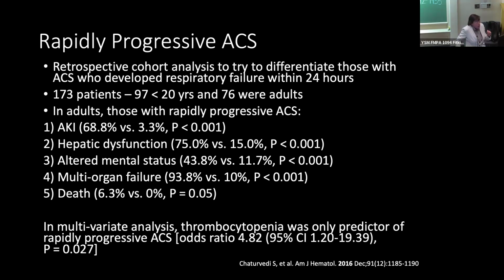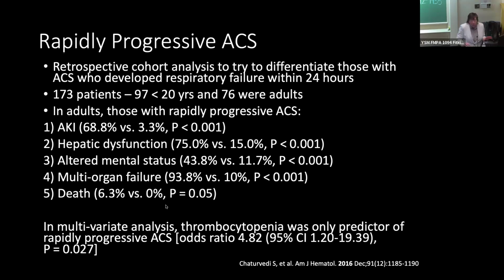And it is because they're relatively young people, a 22-year-old like this patient. This is a retrospective study that included both adult and pediatric patients, and looked back at those who had rapidly progressive ACS. Basically these patients have multi-organ system failure: acute kidney injury, hepatic dysfunction, altered mental status, and death.